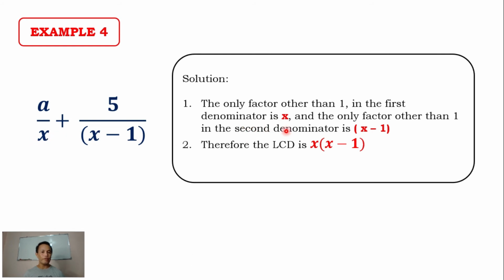That's why we have here the x. And the only factor other than 1 in the second denominator is x minus 1. So therefore, the LCD, or the least common denominator of these two fractions, is x times x minus 1. Now let us proceed to our last example, example number 5.